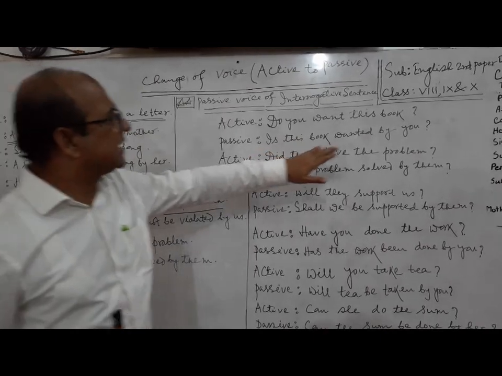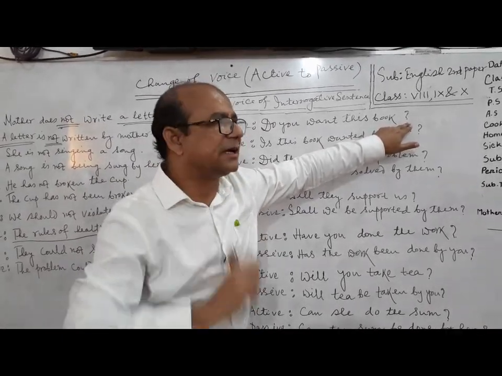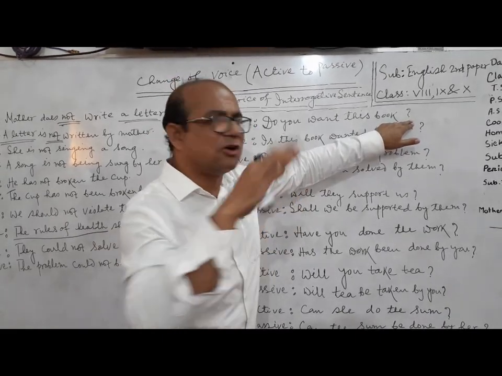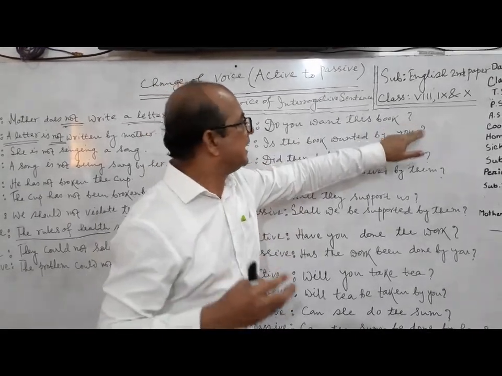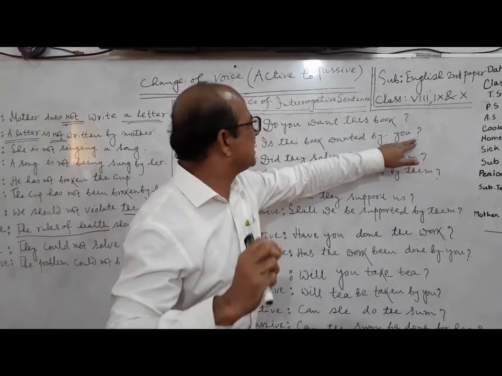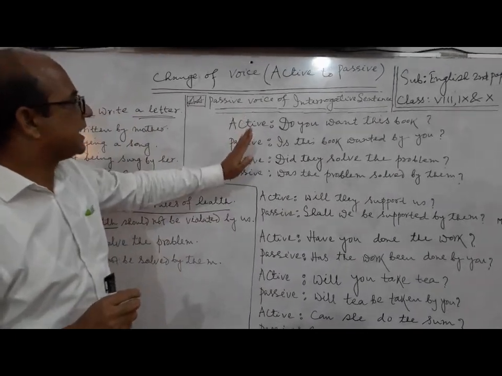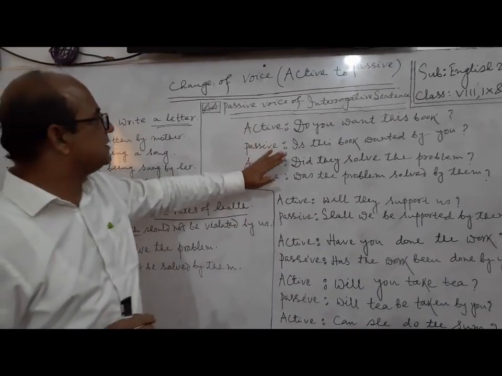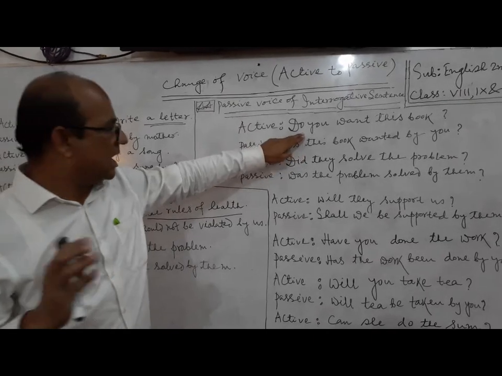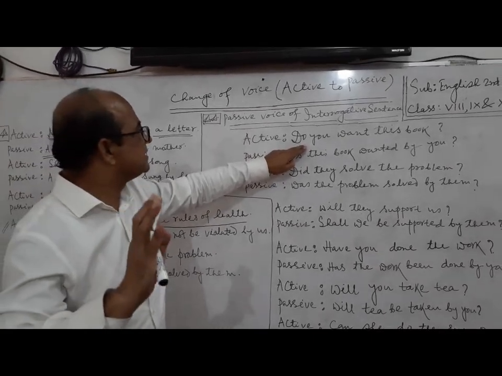In case of an interrogative sentence, you will as usual find a note of interrogation. Whenever a note of interrogation is given, you will understand this is an interrogative sentence. So, in case of an interrogative sentence, an auxiliary verb is given at the beginning of the sentence.